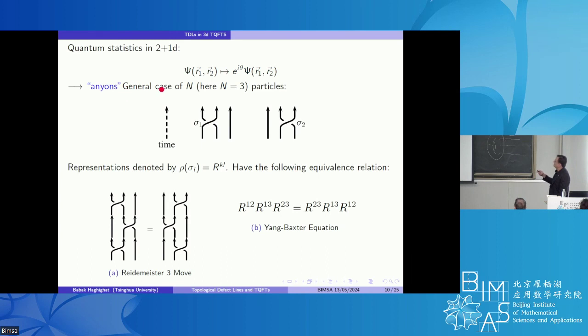So these particles are called anyons, and you can now add time. When you move in time, you can braid them. You can swap the first and the second, or the second and the third, and so on. You can do all these operations, and all of those will result in some non-trivial action on your wave function.